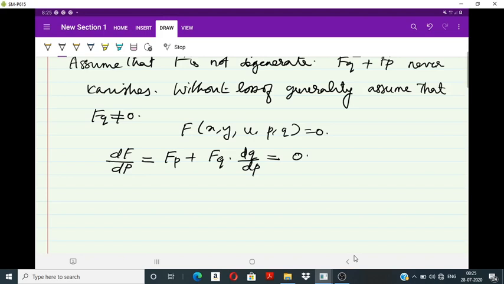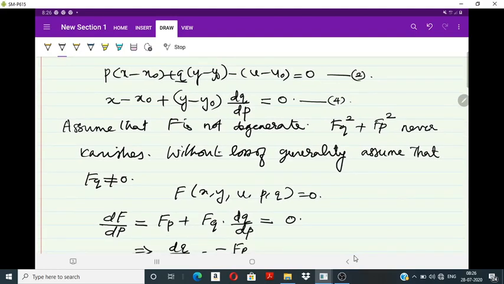So what we obtained is dq by dp is equal to minus fp by fq.